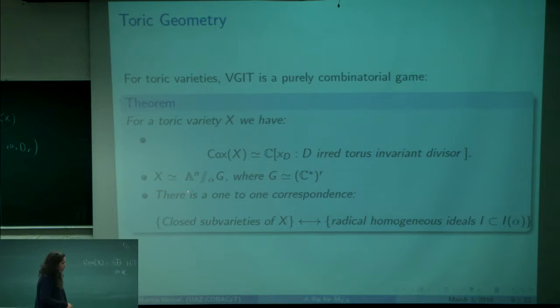So moreover, there is a one-to-one correspondence between closed subvarieties here and ideals of the coordinate ring of the affine space. Not any ideals, but radical homogeneous ideals containing this ideal alpha determined by the ample class. And I will tell you later, at least I will mention, how you get this ample class ideal.